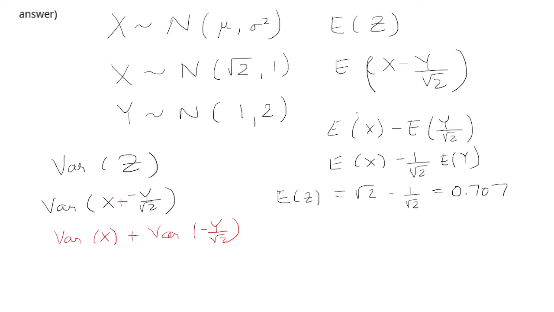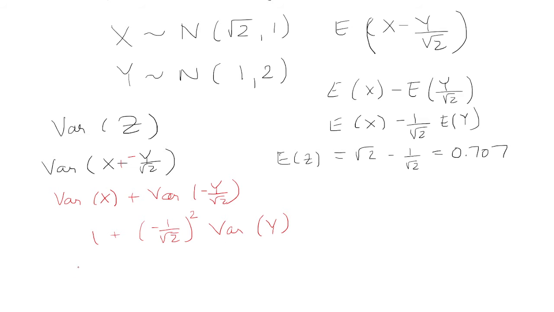Now, the variance of X is a standard deviation squared, which is 1. And I can factor out the negative 1 over root 2, but when I factor that out for the variance, I have to square it. And so I'm left with variance of Y. The variance of Y is a standard deviation squared, which we said here is 2.